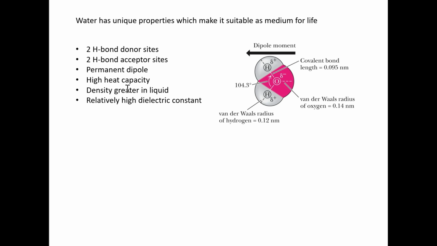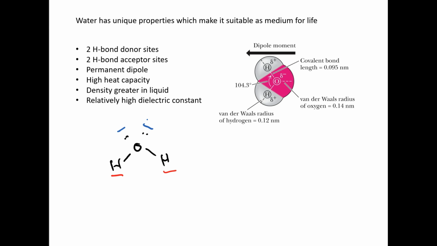So if I just draw the structure of water for everybody, we got our 2 lone pairs. We have our 2 donor sites, and we have our 2 receptor sites for hydrogen bonding.